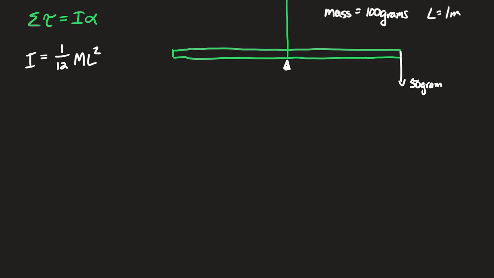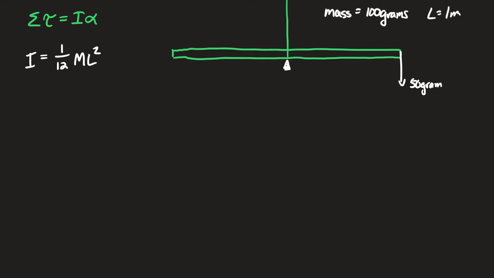If that's all we hang, will the system stay still? No. It's going to rotate. Is it going to rotate clockwise or counterclockwise based on what I've drawn? So, we are going to have a clockwise acceleration because there's an unbalanced clockwise torque.